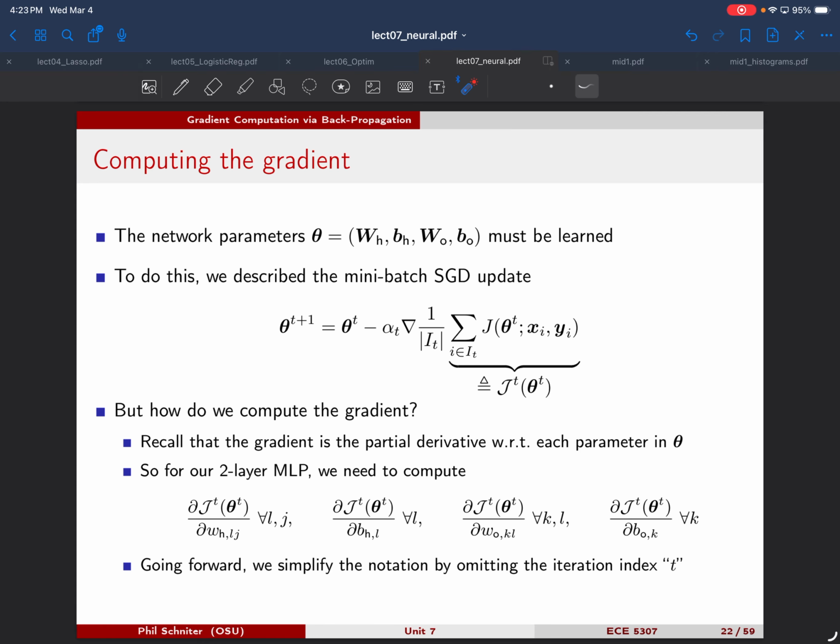So basically, coming back to our overall problem we're trying to solve, which is how do we train this network? So we said these are our training parameters. We have the hidden layer weights and biases, and then we have the output layer weights and biases. We have to learn all those things. And we said we're going to use mini batch stochastic gradient descent, which has this form.